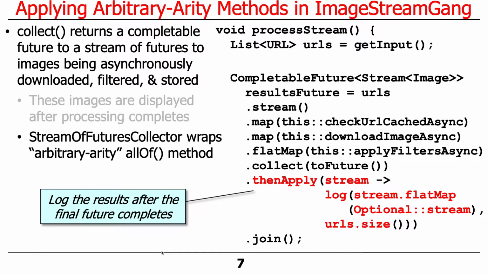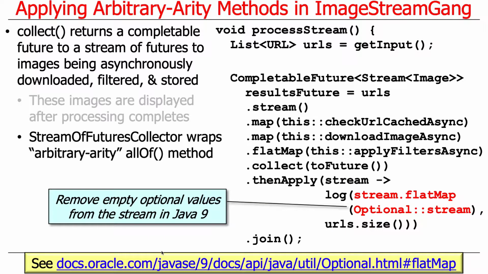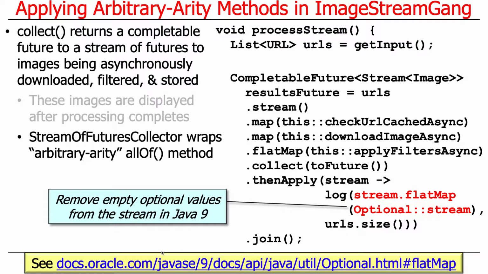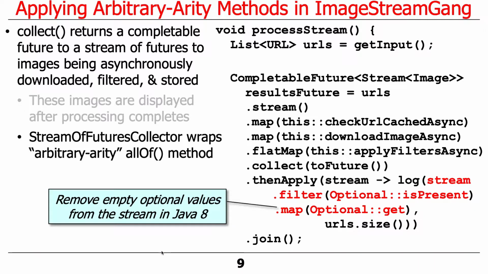There's a couple different ways to do this. This is the way to do it with Java 9. Java 9 has some enhancements to Optional to add this cool flatMap feature that can be used with Optional::stream to automatically strip out empty elements from a stream of optionals, which is pretty cool. If you don't have Java 9, and if you're using Android, sadly, you don't have Java 9 yet, here is the Java 8 way of doing the same thing.